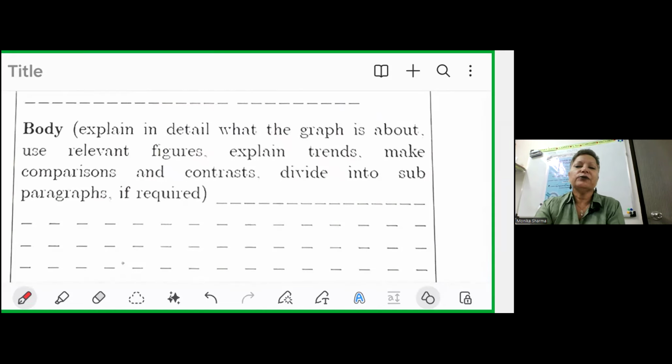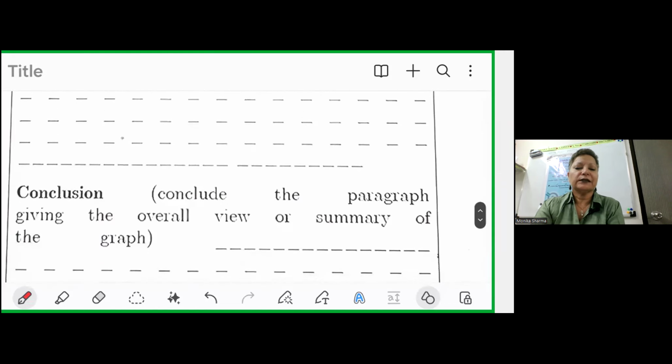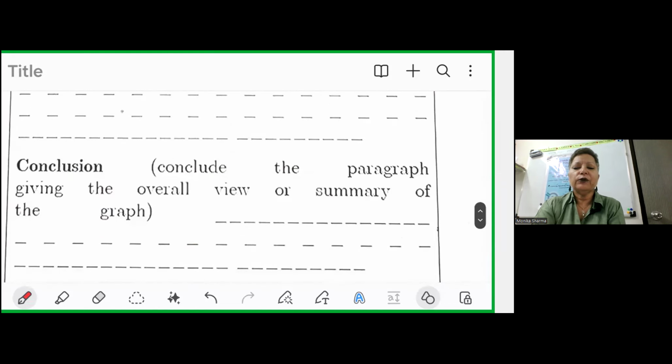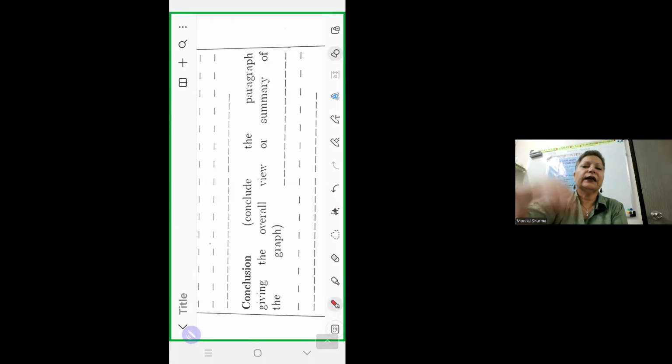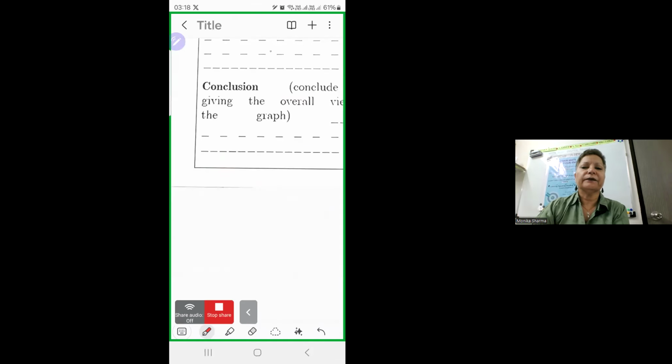And finally, as usual, the end of each writing skill is the conclusion, where you conclude the data analytical paragraph by giving the overall view or summary of the graph. Is that okay? So this is how we go about a data and analysis paragraph.